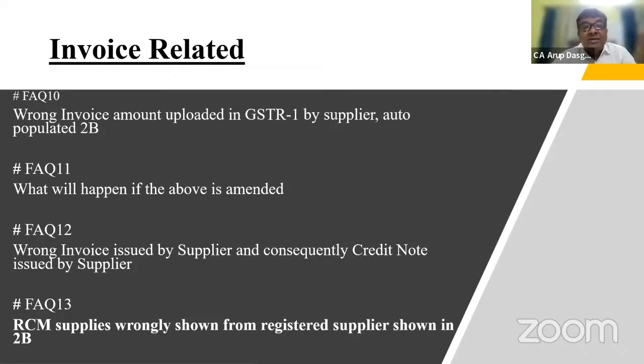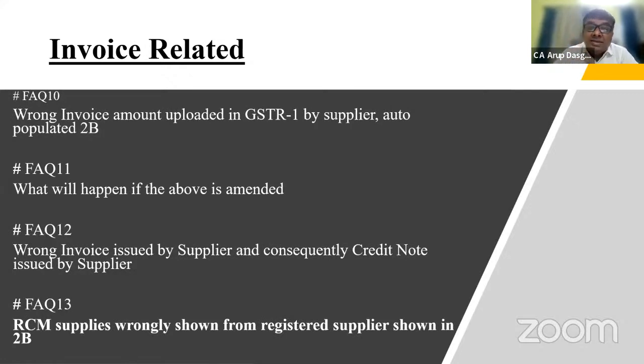In this case, what we are suggesting is that whenever there is an upward mistake in ITC, meaning 10,000 in the invoice is shown as 20,000 in GSTR 1 and consequently in your 2B, what we need to do is avail the 20,000 and show the 10,000 in temporary reversal.